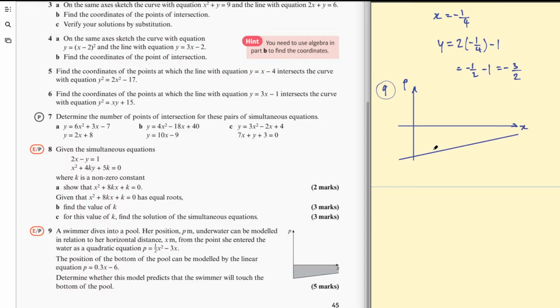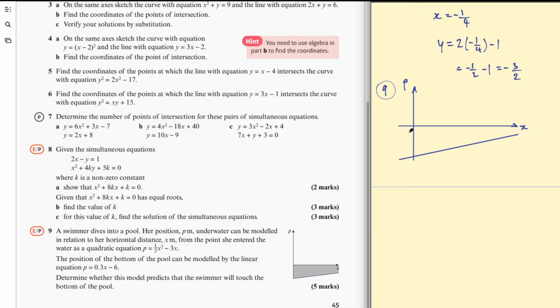Now it wouldn't be exactly modeled by a straight line, because I doubt you'd have swimming pools like this, right? You wouldn't have a triangular swimming pool. You'd have like some curve there, right? But it's an approximation, as all mathematical models usually are. So the bottom of the pool is that straight line.